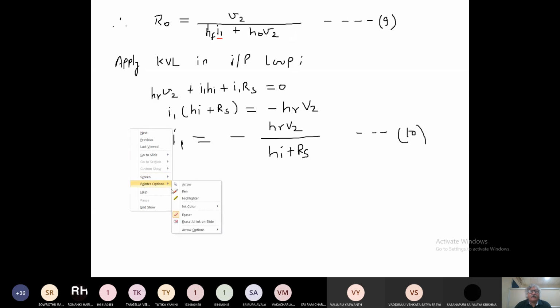From here we will get the value of I1. I1 is equal to minus HR V2 divided by (HI plus RS), and this is our equation number 10.